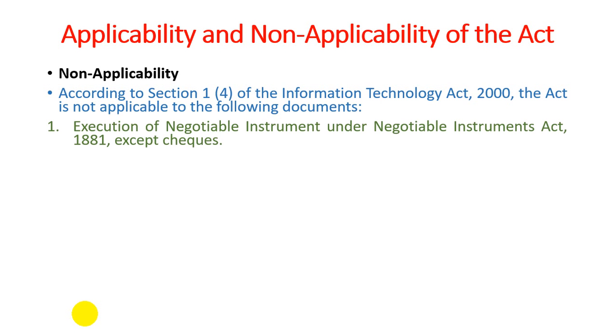First, execution of negotiable instruments under the Negotiable Instruments Act 1881, except the cheque. Negotiation means if an organization or client wants to negotiate some product, documents, or property, it is not covered by the IT Act.